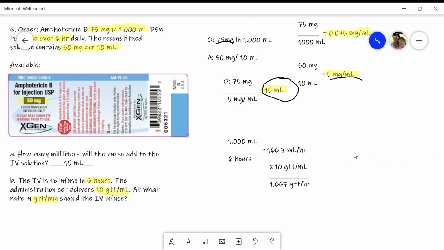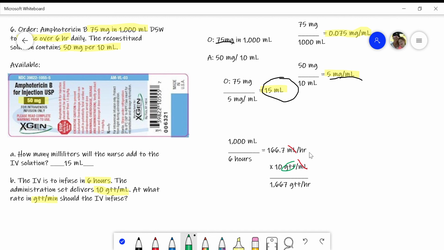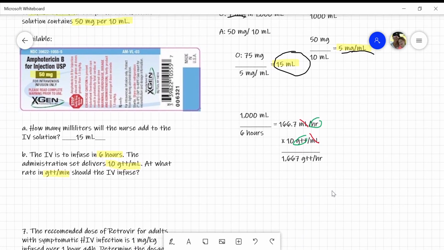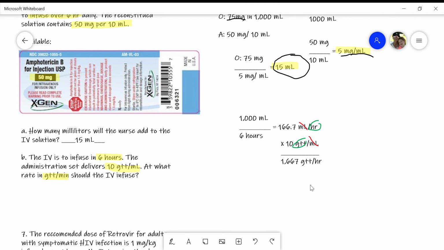The way I remember how to figure out what we're looking for is you can cross out these milliliters, and so that's going to give you GTT an hour.